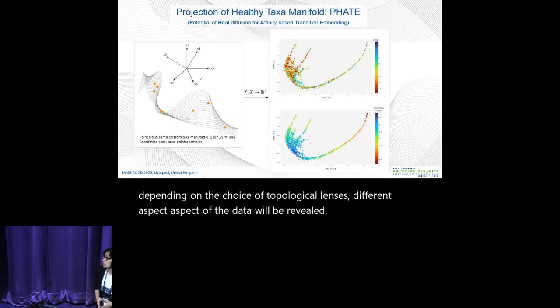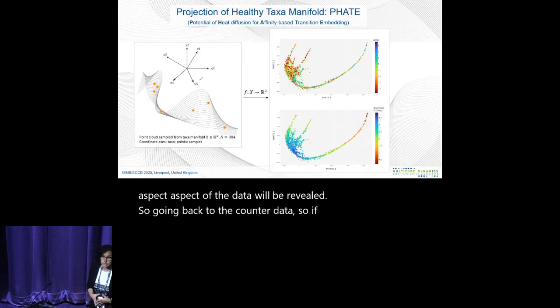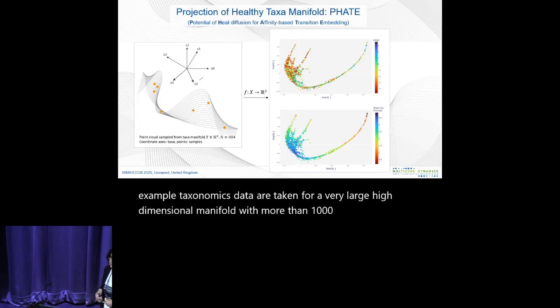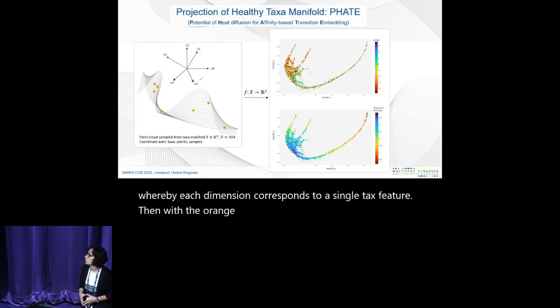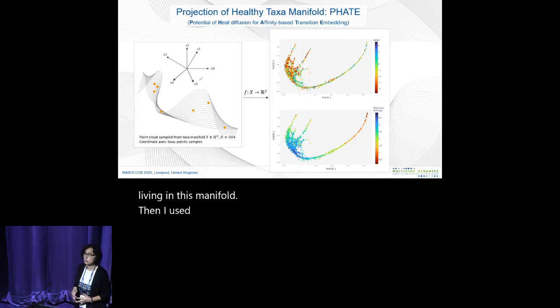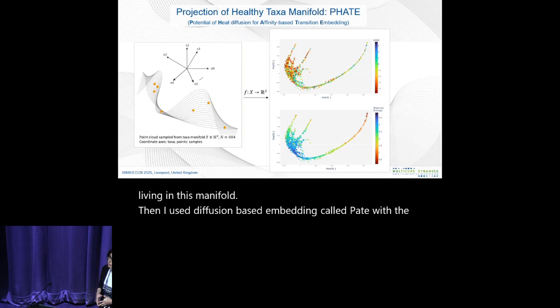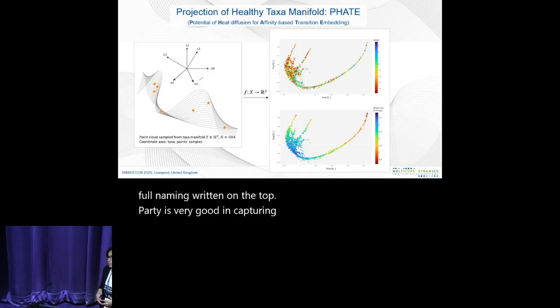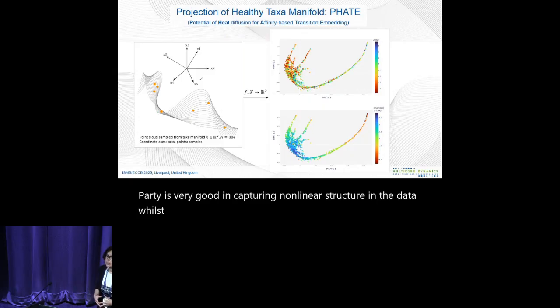So going back to the CAMDA data, if we imagine that, for example, taxonomic data are taken from a very large high-dimensional manifold with more than 1,000 dimensions, whereby each dimension corresponds to a single taxa feature, then the orange dots show the samples that live in this manifold. I used a diffusion-based embedding called PHATE, with the full name written on the top, which is very good at capturing nonlinear structure in the data whilst preserving the local and global relationships within the data.